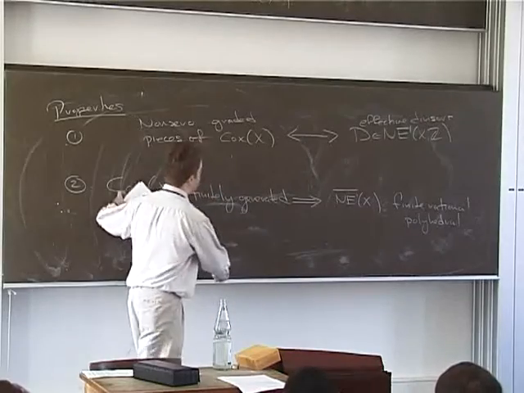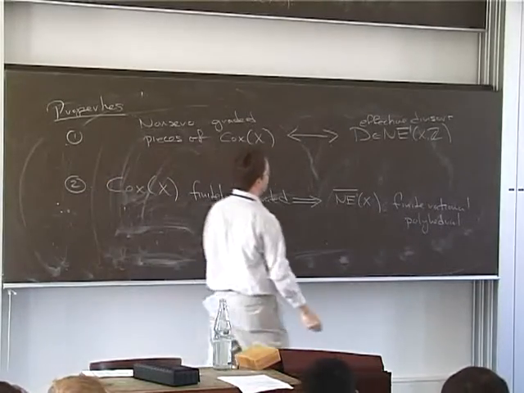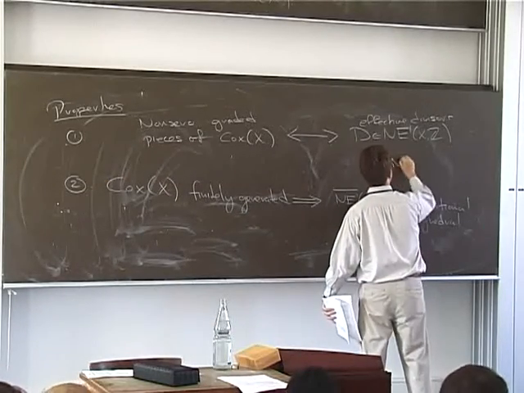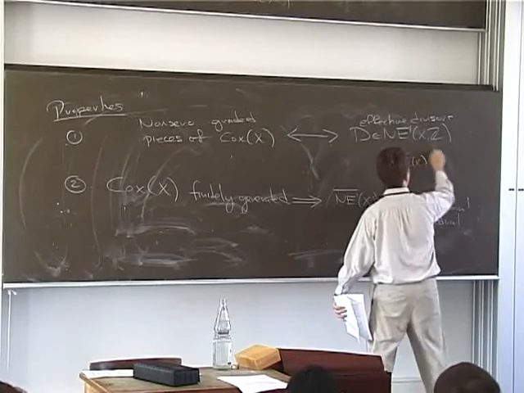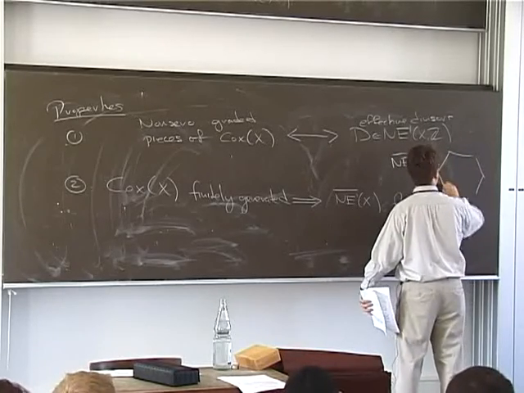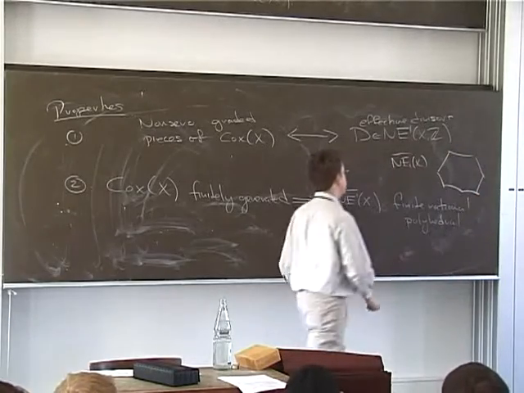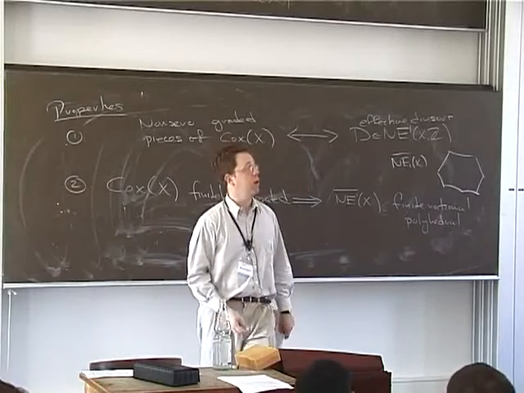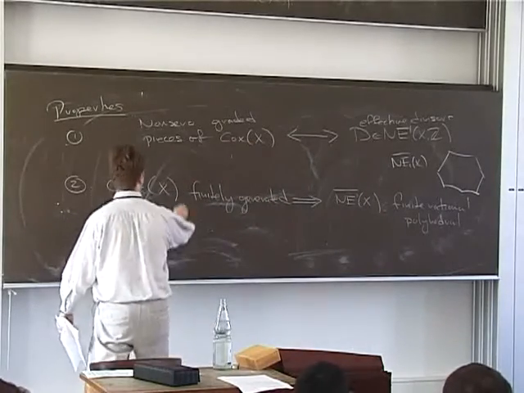So this is an immediate consequence. So you're going to have a picture like this, that the cone of curves is a polyhedron.